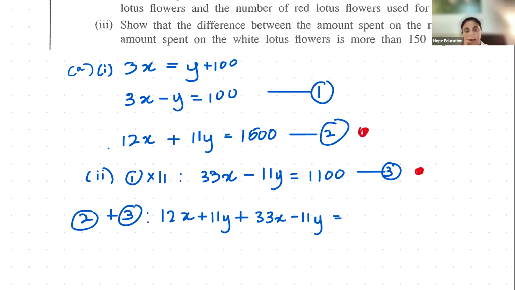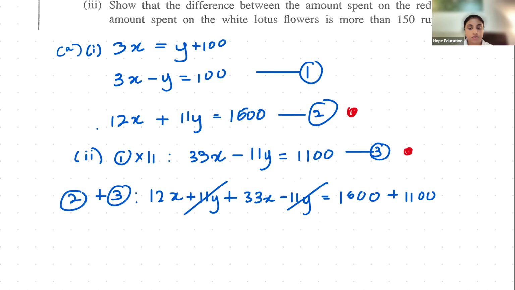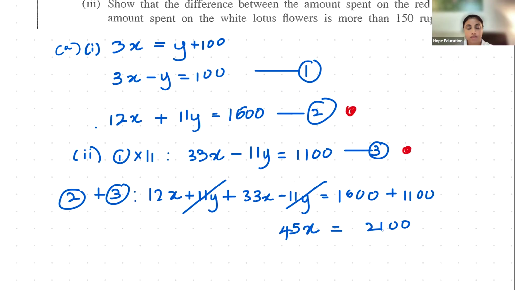On this side of equation 2 there is 1600, and on this side, sorry, in the third equation there is 1100. So plus 11y minus 11y cancel. 3 plus 2 is 5. 3 plus 1 is 4. So we get 45x. Here 0, 0, 1. 1 plus 1 is 2. Divide both sides by 45.